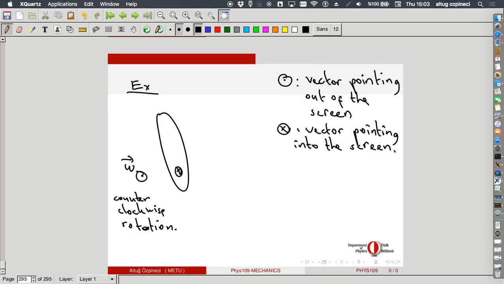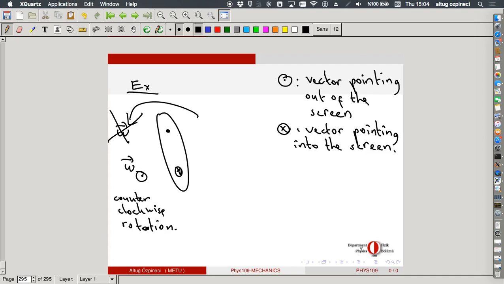You see, the angular velocity vector is not counterclockwise. The angular velocity vector has this one direction only. The object is rotating counterclockwise. This is the rotation, and the angular velocity vector is not this one. This is the angular velocity vector in that direction.